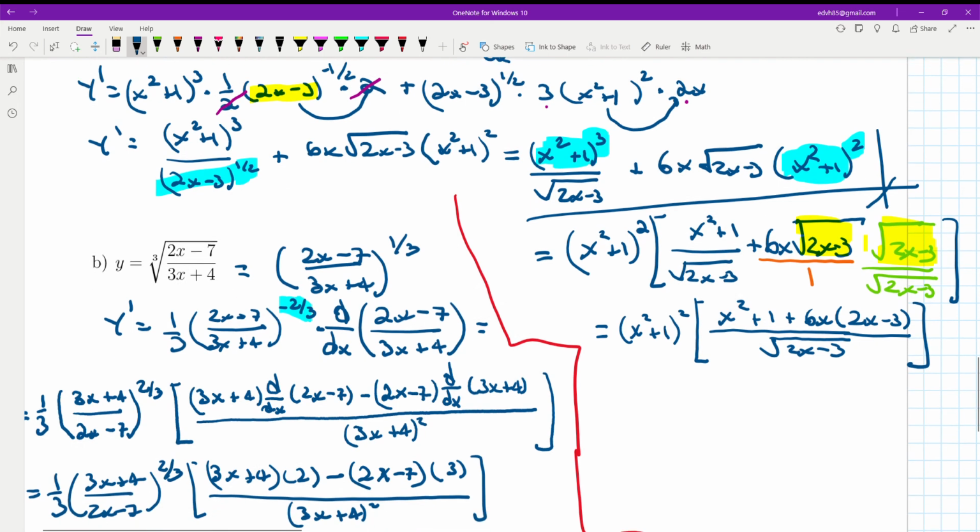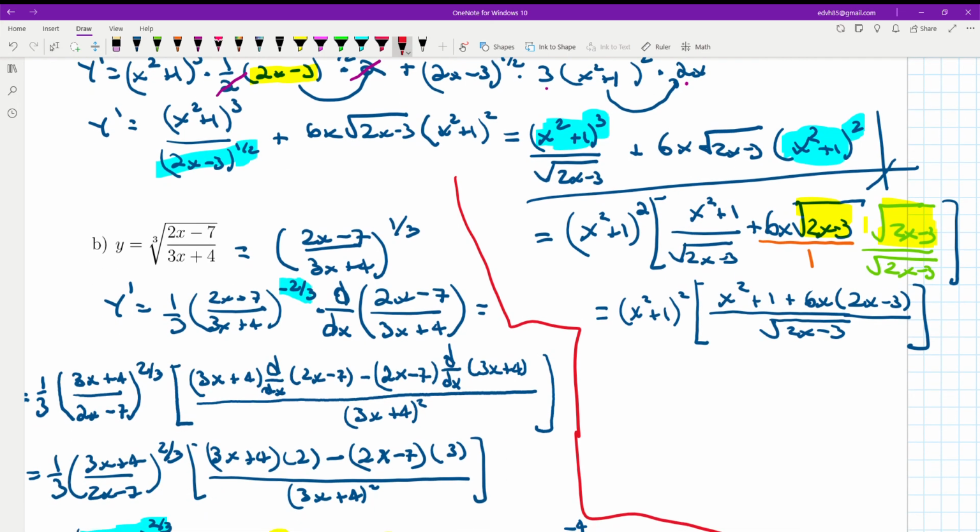And let's keep simplifying this by distributing the 6x to get x squared plus 1 squared outside, times x squared plus 1 plus 6 times 2, which is 12x squared, minus 18x. The whole thing over the square root of 2x minus 3.